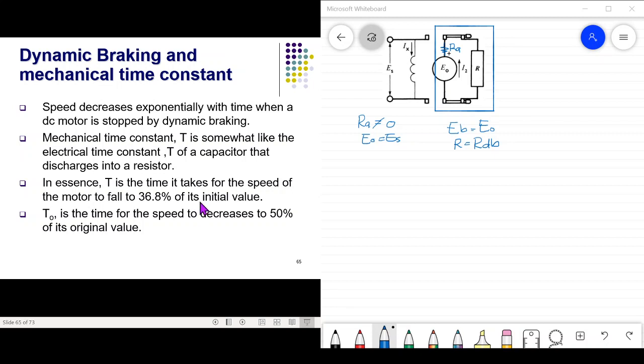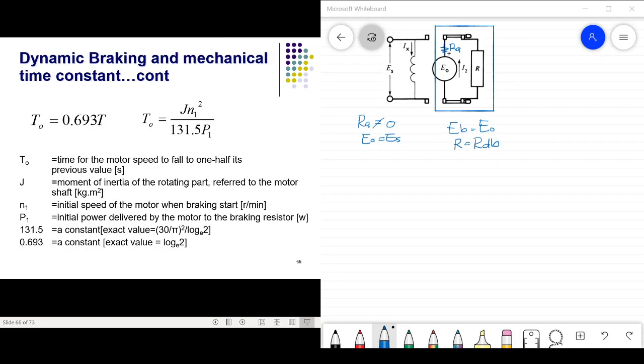There is a direct mathematical relationship between the conventional time constant T and the half time constant T0, given by this equation.